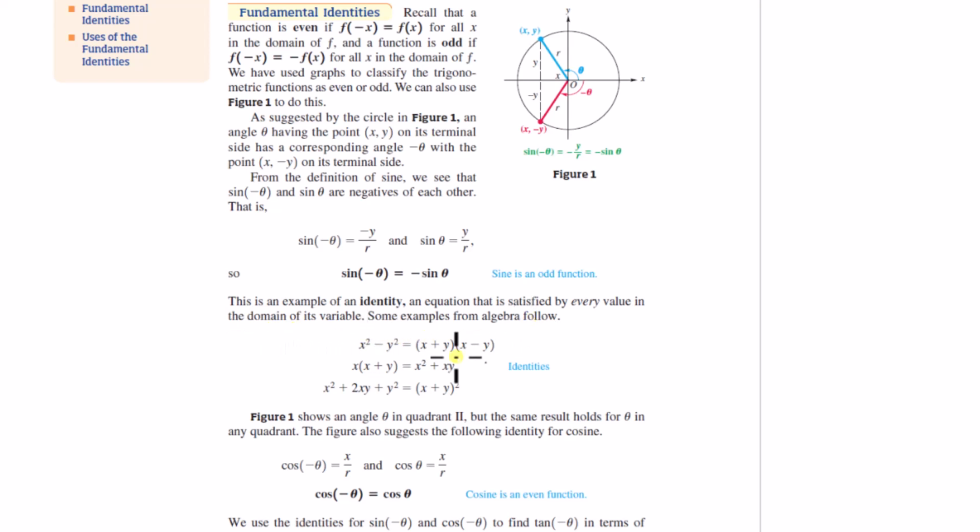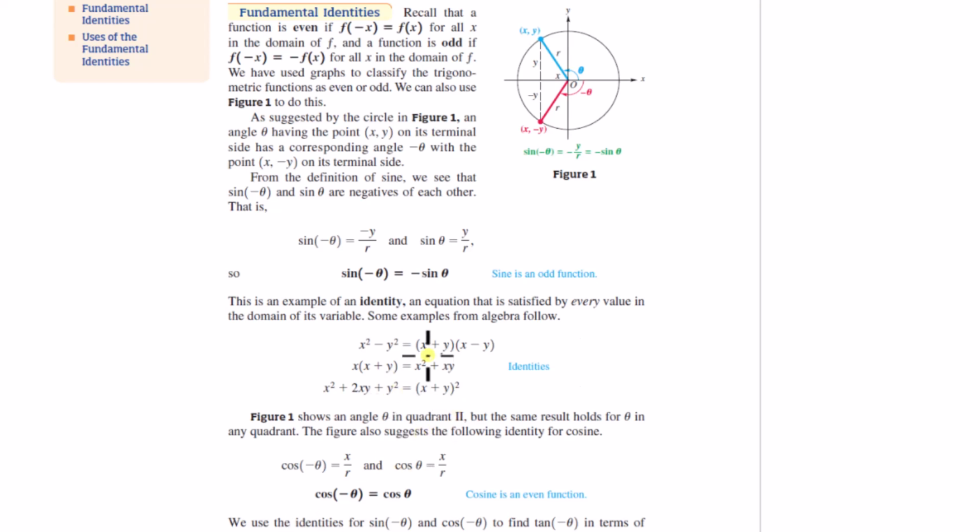Okay, some examples from algebra are, so this is an identity because you simplify it and you could reduce this down to 0 is equal to 0. Now, you might be thinking, but identities weren't of much use, right? If we had an identity, we couldn't solve for x.